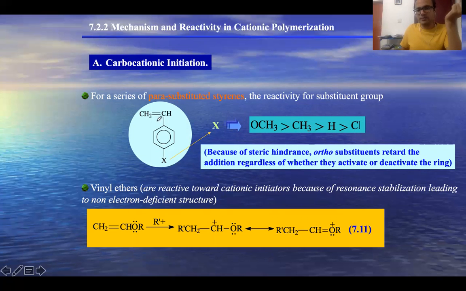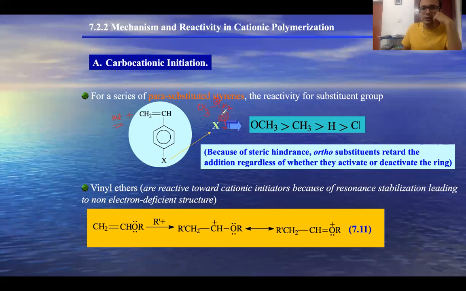When the cationic polymerization happens, suppose we treat this vinyl monomer with HCl, a mineral acid, it will form CH3, then CH2 positive, and you have the phenyl system here with the substituent.